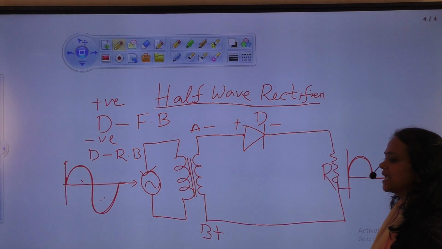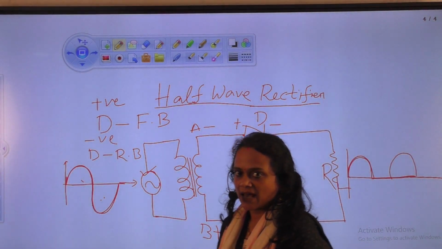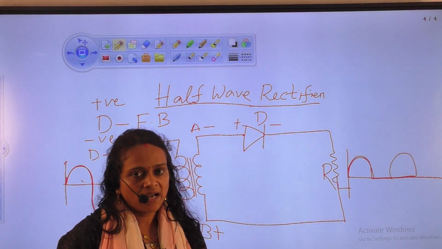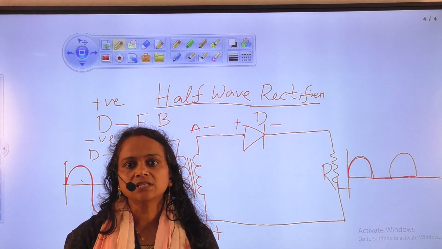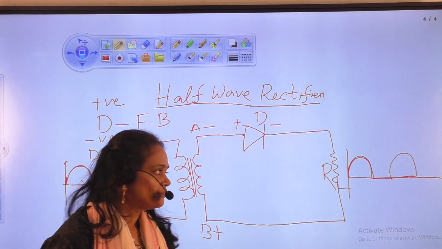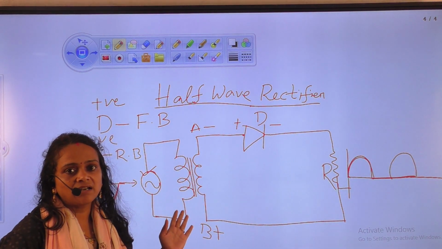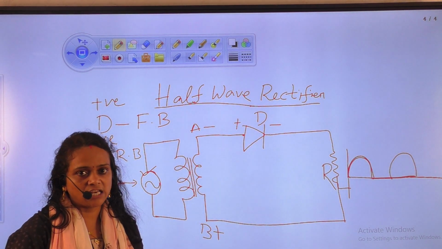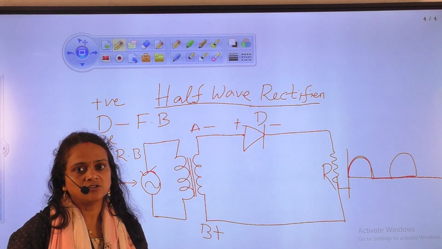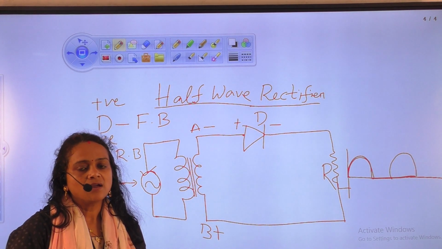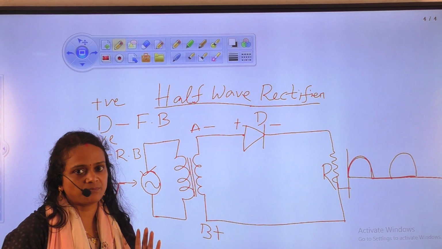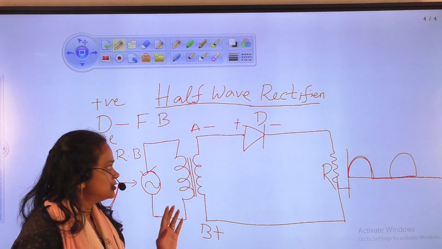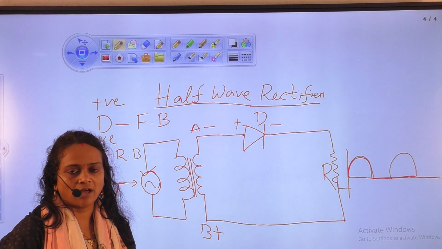So we can say in the positive half cycle we get output, and in the negative half cycle the input is suppressed. So here the rectification efficiency is very low and output gain is also very low. Why? Because it operates only in a single half cycle. Okay, so this is all about the half-wave rectifier.